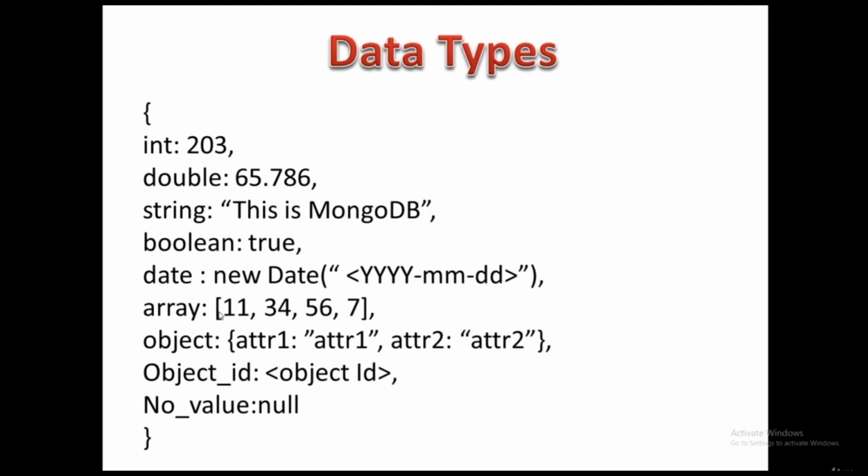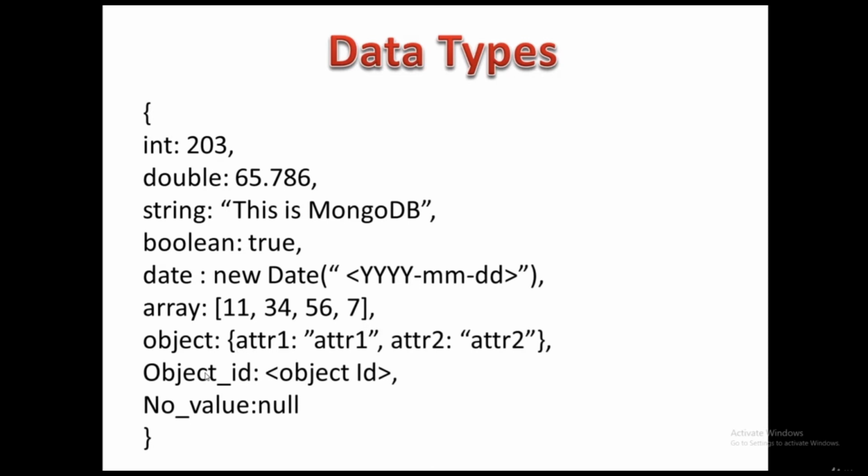Array stores a list of values under a single key, and this list of values is enclosed in square brackets. You can create an array of integer values, floating point values, or string values, or even an array of objects. Now object is implemented for the embedded document. So here you may insert key value pairs in curly brackets which represent a document or object.